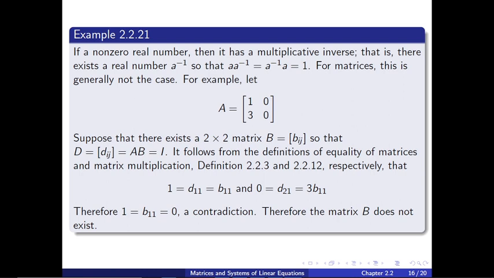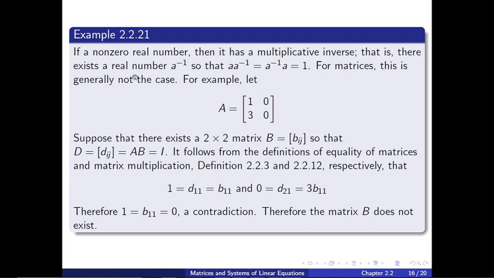So we have talked about the issue of an inverse. This is the example. If you have a non-zero real number, then it is going to have a multiplicative inverse.